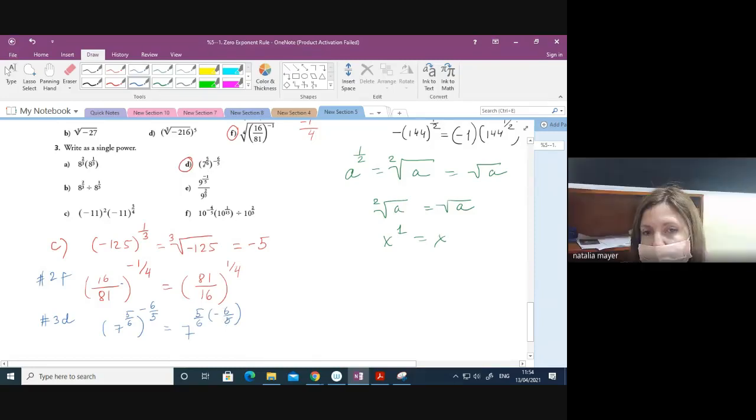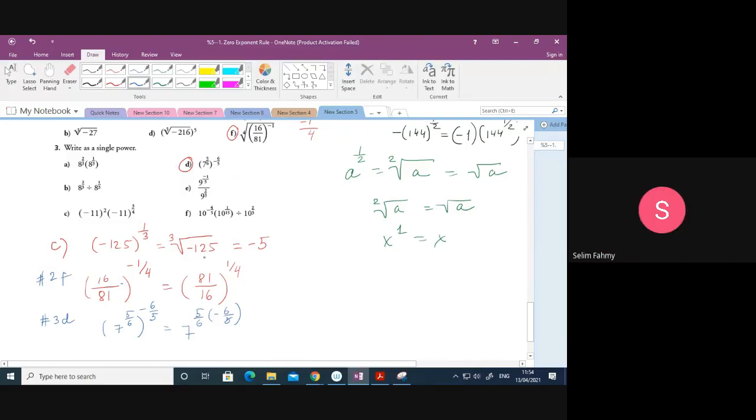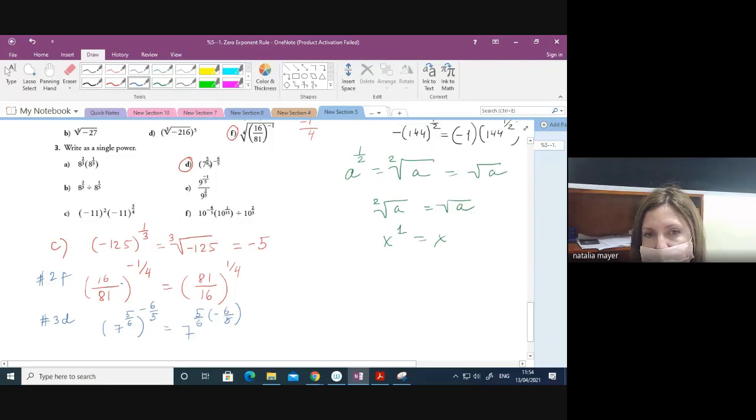What is everything in the bracket? You have only 7. Oh, okay, 5/6 is a power. So power over power. If you have more than one term inside, then you will distribute it among all of them. But here you have only 7, right?